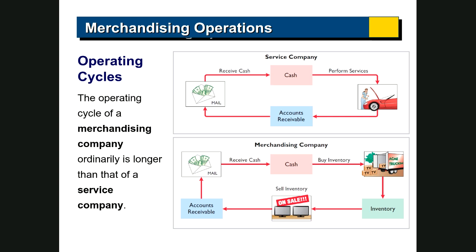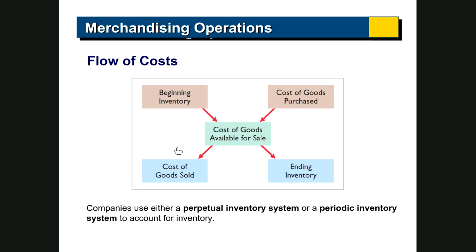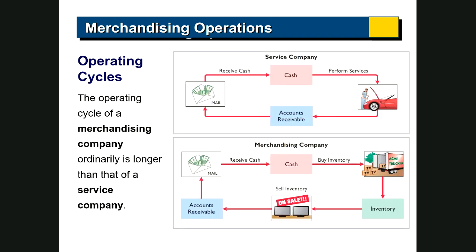Now, at the merchandising operations, we go back to the previous slide, just to point out one thing: this whole thing of buying the inventory, selling it to the customer, and receiving the cash is called an operating cycle, right?